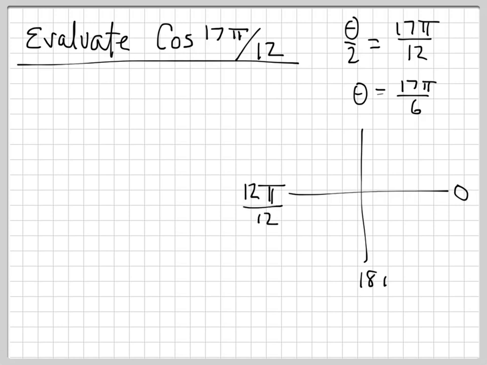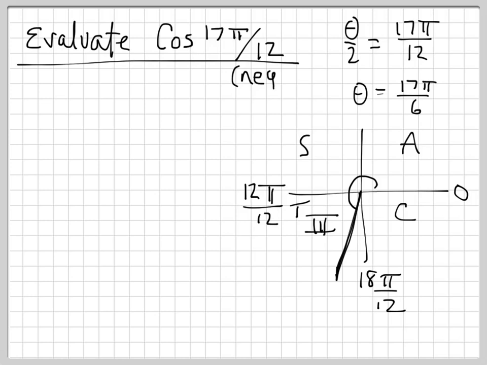Here'd be 18 pi over 12. And so my angle is somewhere down here. And so that's in quadrant 3. And so cosine is negative, right? All students take calculus. Only tangent is positive there. And so this is going to be negative.